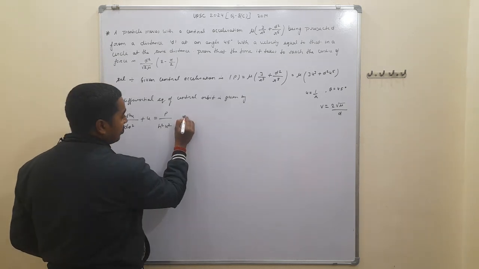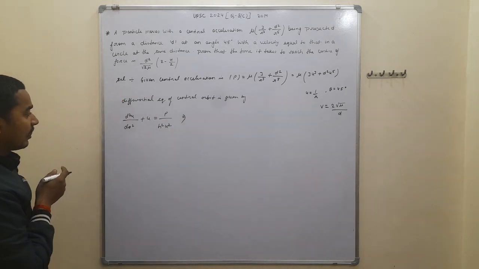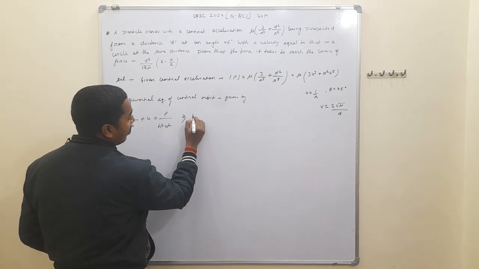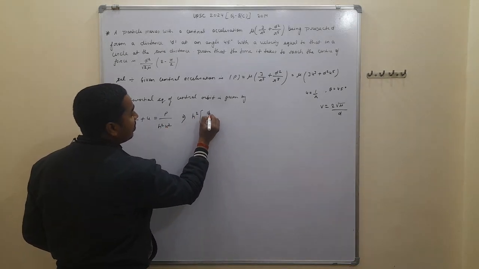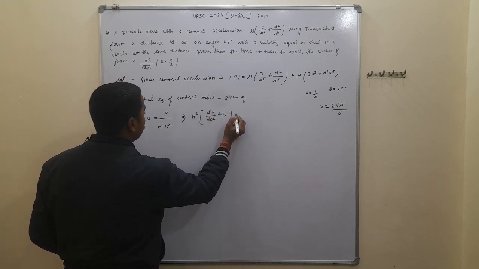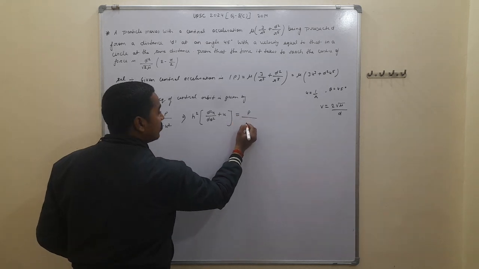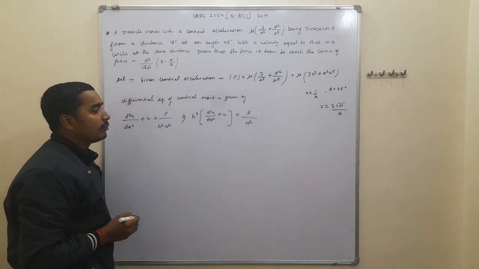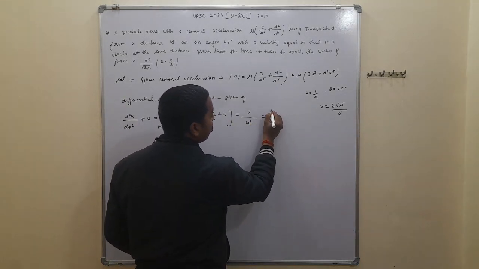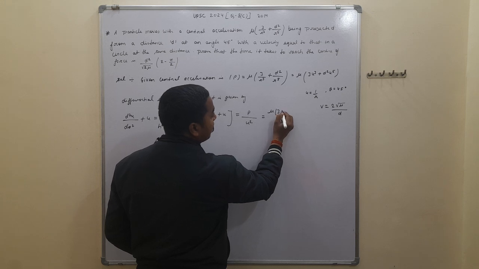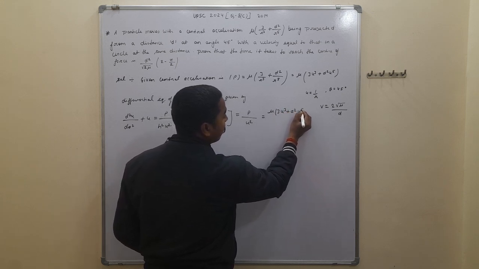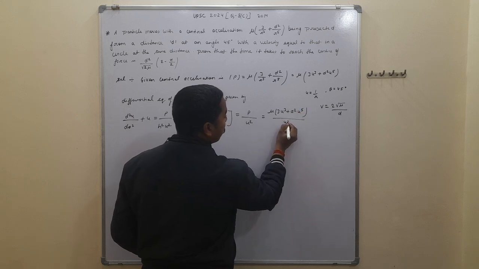We can also write this differential equation by cross multiplying with h square: h square bracket d2u upon d theta square plus u is equal to P upon u square, and here we have to put the value of P, that is P is given by mu times of 3u cube plus d square u to the power 5, upon u square.